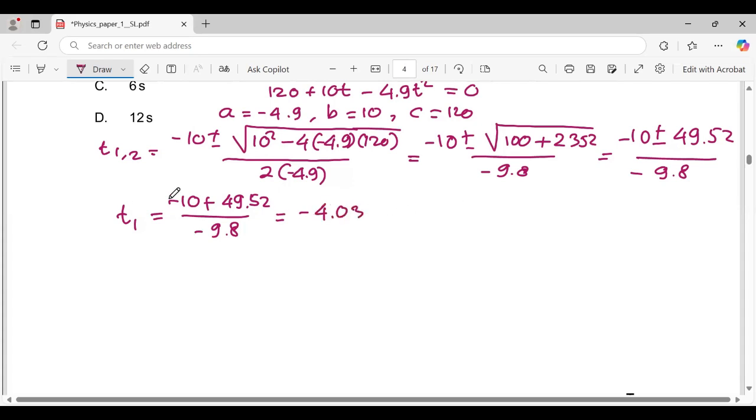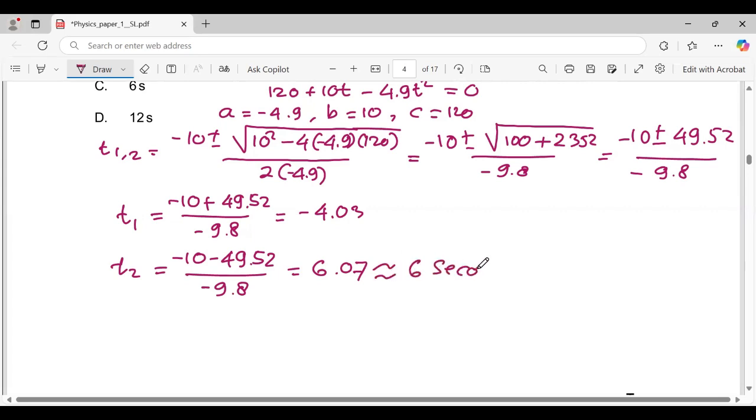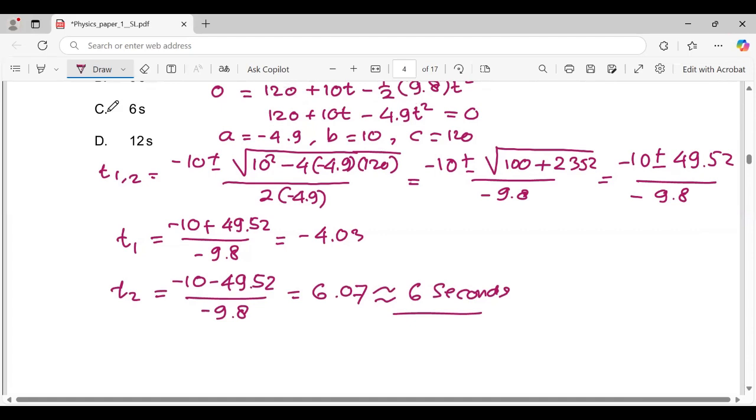But we will not use this value, because time is never negative. Second, t2 equals minus 10 minus 49.52 over minus 9.8. The result is 6.07, which rounds off to 6 seconds. And this is the solution, 6 seconds. It means this one, C.